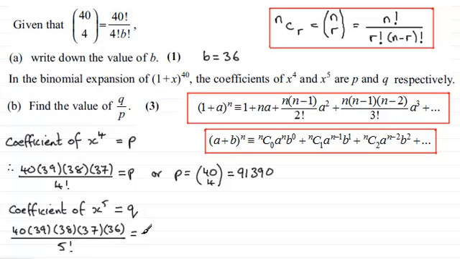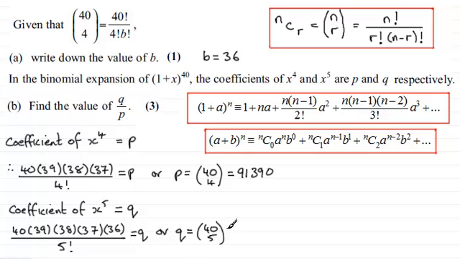So that equals q. If we were to use the other formula, then q would be 40C5, or I write it in this style.